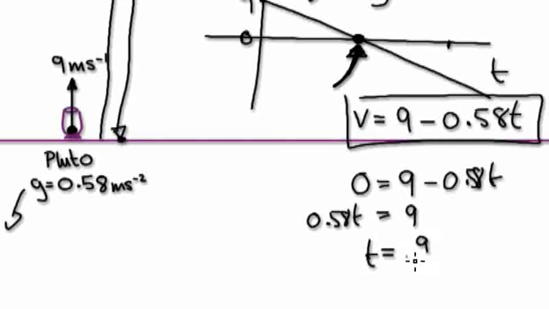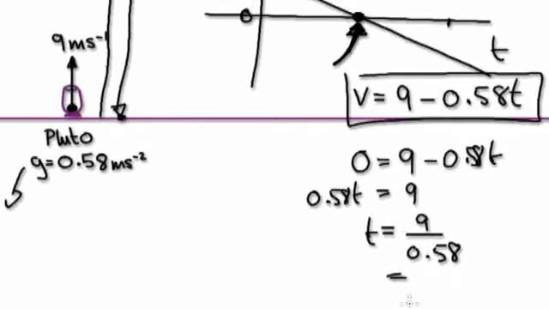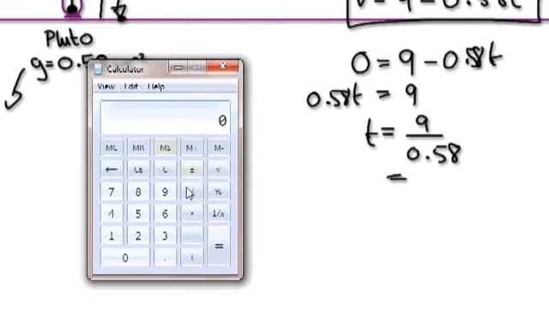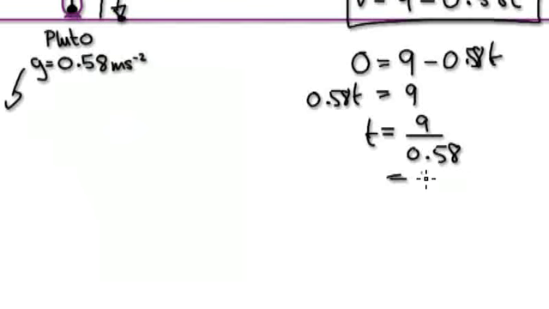So t will be 9 over 0.58, and then you would jump to your calculator. Okay, this one here. So it would be 9 divided by 0.58 equals 15.52.